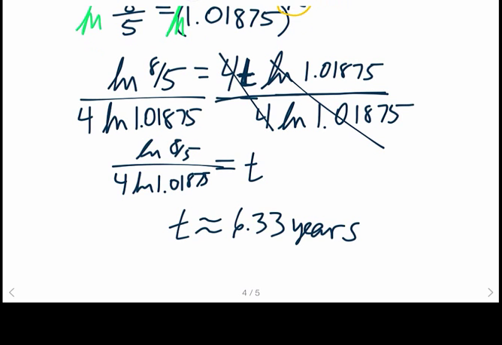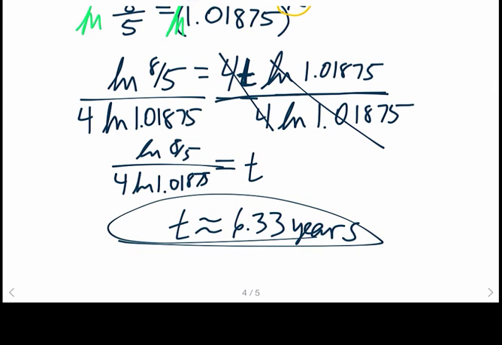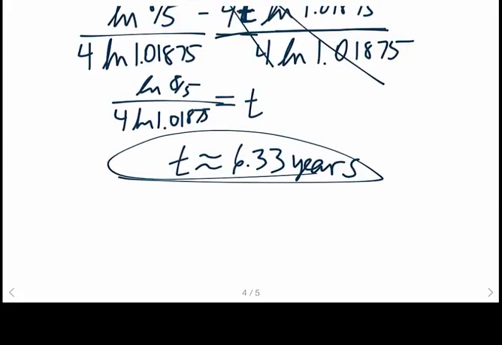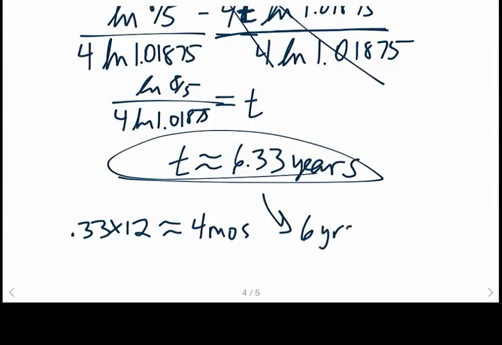Now, that's good enough for me. Okay, fine. If we wanted to be fancy, we could take the 0.33 and multiply it by 12 to find out how many months it'll be. And since 0.33 times 12 is about 4 months, we can say that the 6.33 is about 6 years and 4 months. That's just if you want to show off.